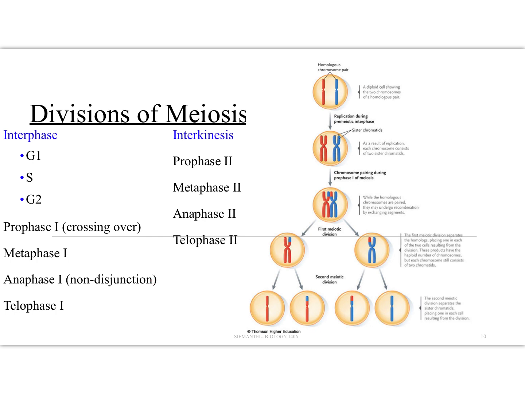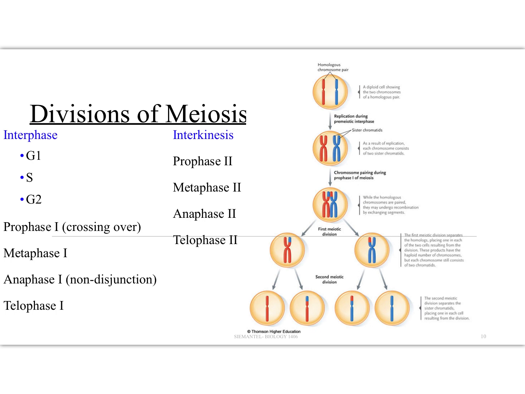But when non-disjunction happens, both of them end up in one cell, and the other cell is left empty for that particular chromosome. So that's the first place it can happen. The second place it could happen is in the second set of divisions. If those sister chromatids don't separate from each other, then we'll end up with one cell that has twice the amount of that particular chromosome, and the other cell will have none of that particular chromosome.